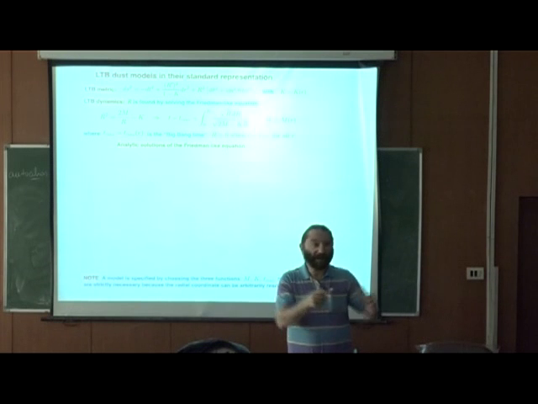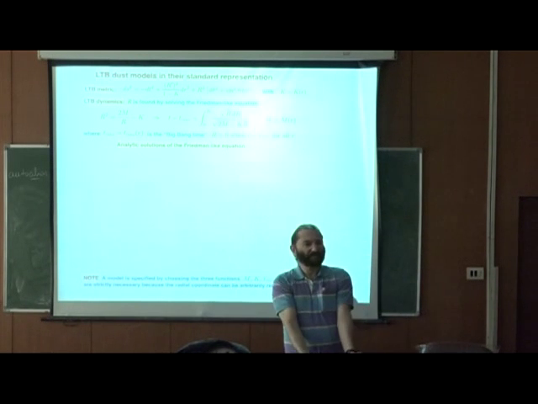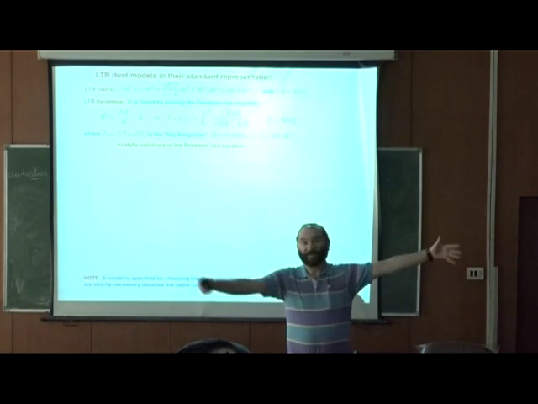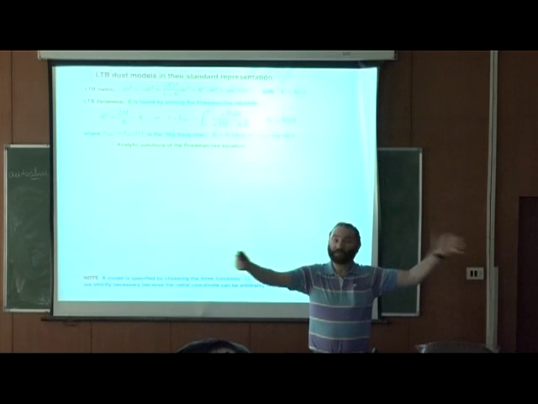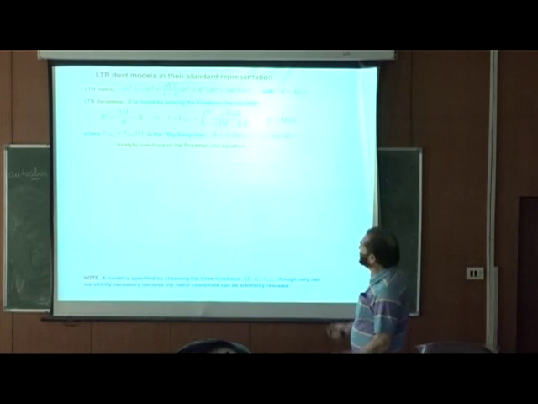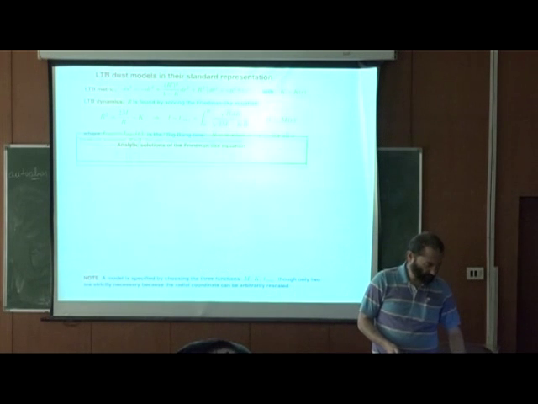R is the radius of a sphere. If it's a small sphere, then it's local, but it can be a very big sphere. So it's not really a local quantity. So we call it Friedman-like equation.